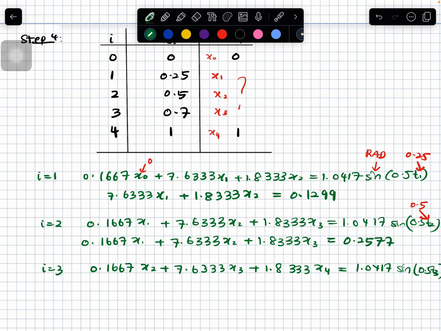Okay, so now you know what is your x4. It's obtained from the table. x4 is 1. And also t3 is 0.75. Then you calculate, you will get this value.